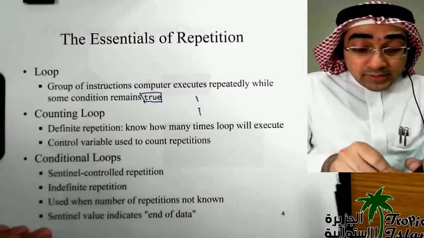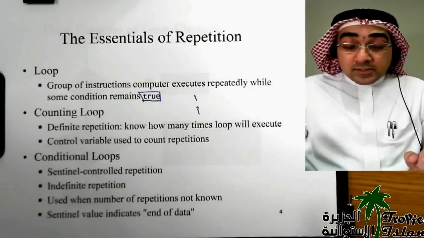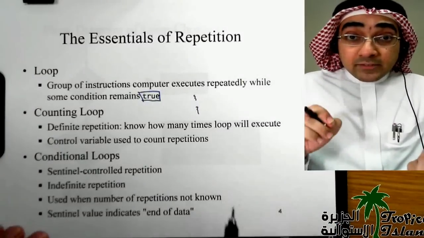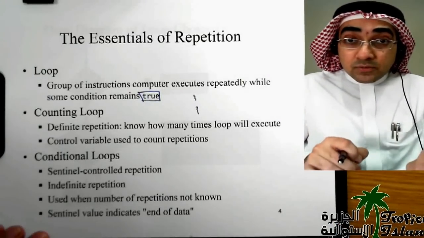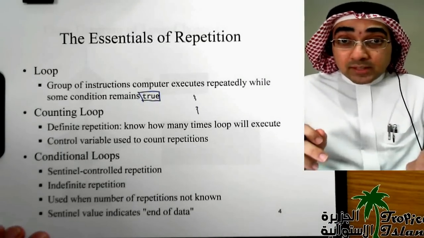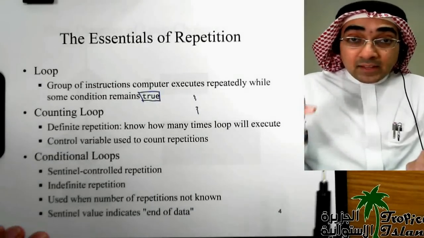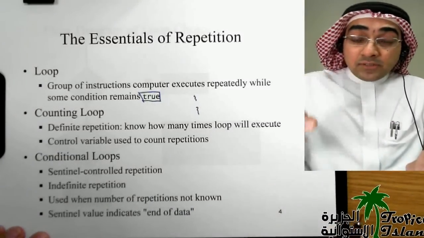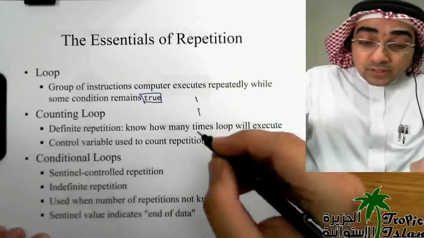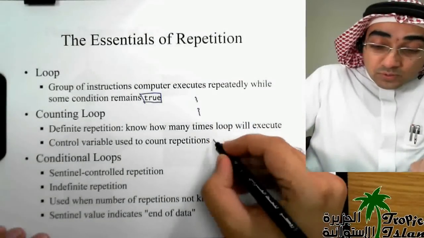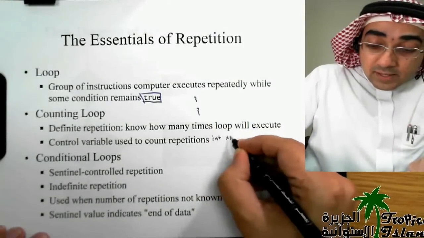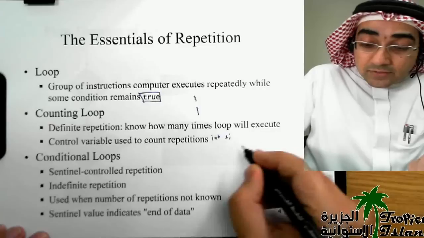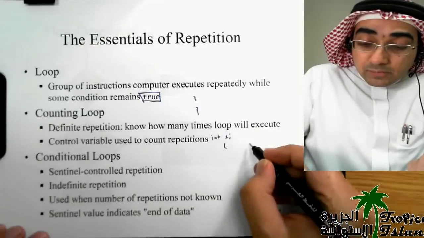Or you can have a control variable which you define and initialize with 0, for example, and whenever you come to that loop, you add 1 to it at the end of the loop and then check on the condition whether it has reached 10 or not. In our case, we will define an integer variable, let's say x, and then we will have some sort of loop. I'm not going to write the loop here, but you will have some sort of condition.